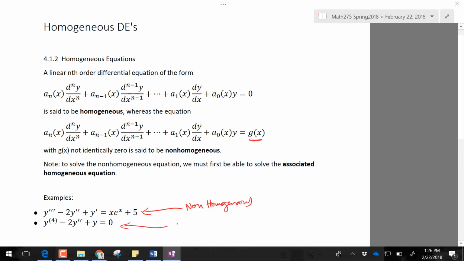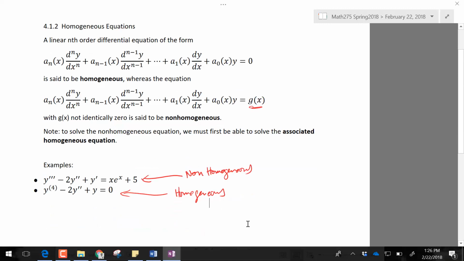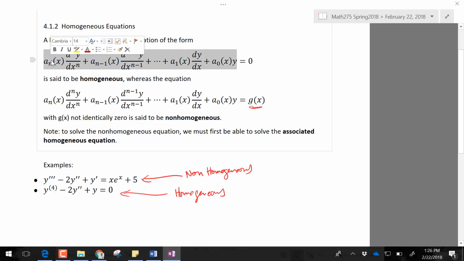And this one, it's what? Oh, so all the y's have to be, so that's the other thing about the way this is set up. So all the function and its derivative that you're solving for is all on one side. And any other terms that don't have that would be on the other side.